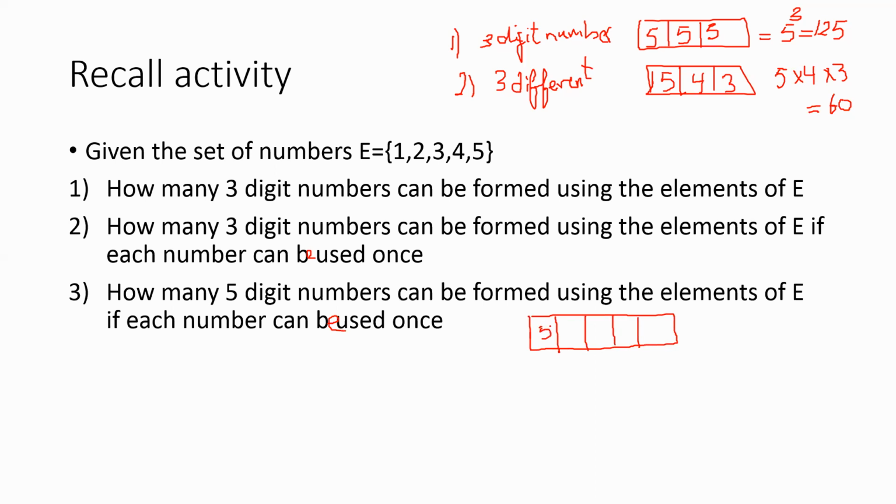Second one? 4. Third? 3. Then 2, then 1. Here the answer is 5 factorial, which means 5 times 4 times 3 times 2 times 1 equals 120.